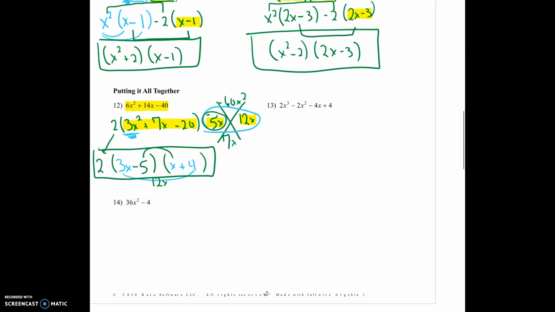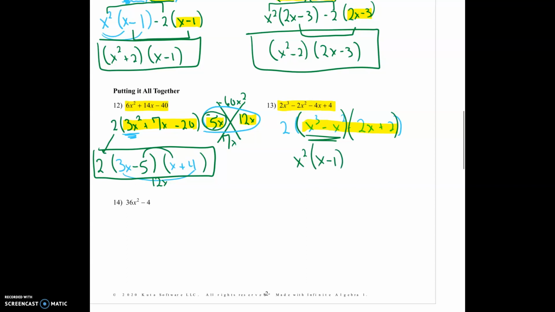So on my next one, as far as the GCF goes, I can take a 2 out of everything. So doing that real quick. And then what I'm going to do is continue factoring this. So because it's 4 terms, I'll do this factor by grouping. And in my first set of parentheses, I can factor out an x squared. And when I do that, I'm left with x minus 1.